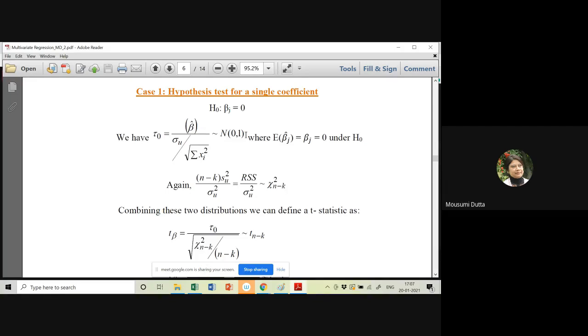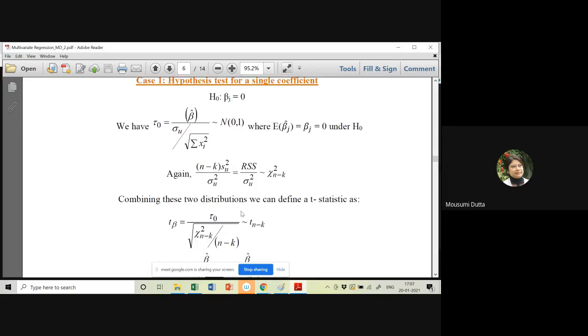So if I have no knowledge about sigma u square, we have to combine the earlier tau and this knowledge, that is n minus k s_u square by sigma u square, which follows the chi-square distribution, to frame a t statistic, which is given as tau naught. This entire thing will be there.